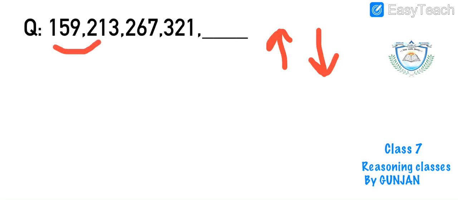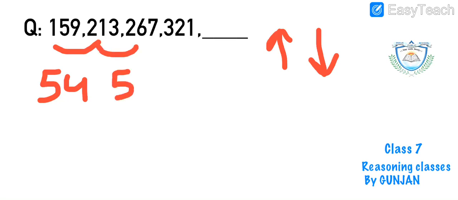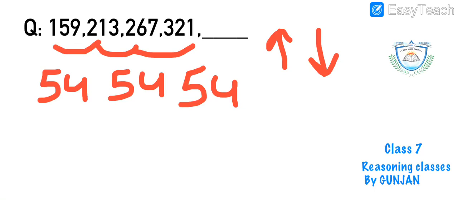Difference between 159 and 213 is 54. Again, if I check the difference between 213 and 267, it's 54. Also, if I check the difference further, it is 54. So, this thing is clear to you that whenever I am checking the difference between any two numbers of the series, the difference is 54.